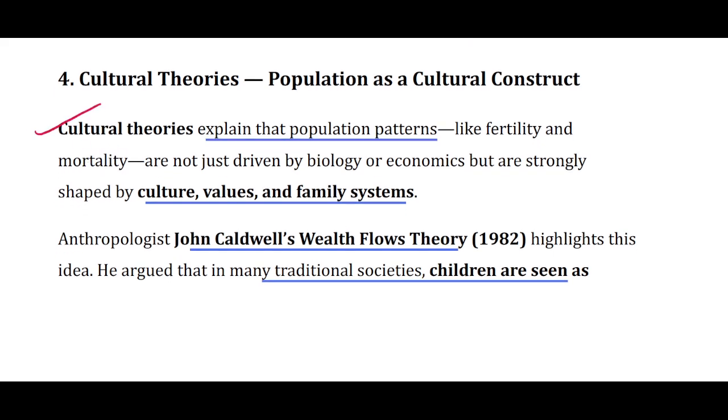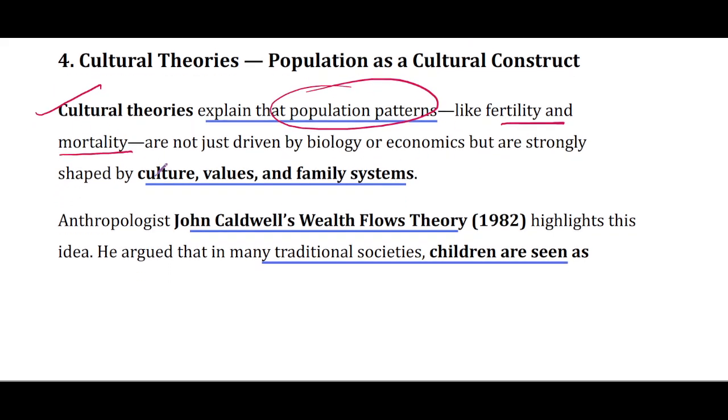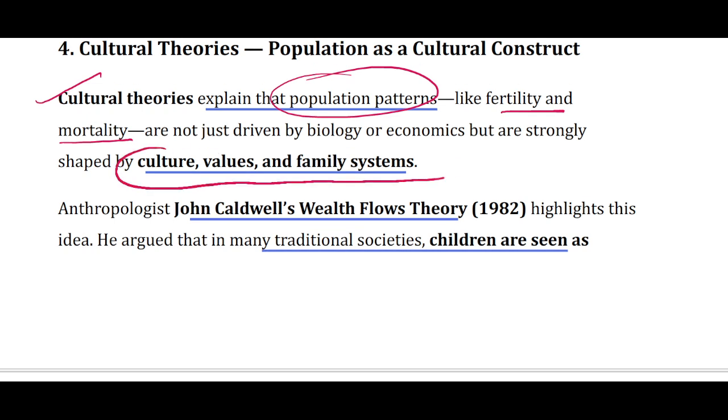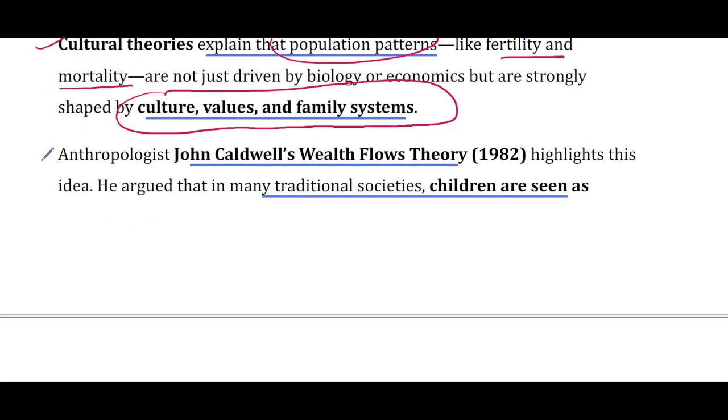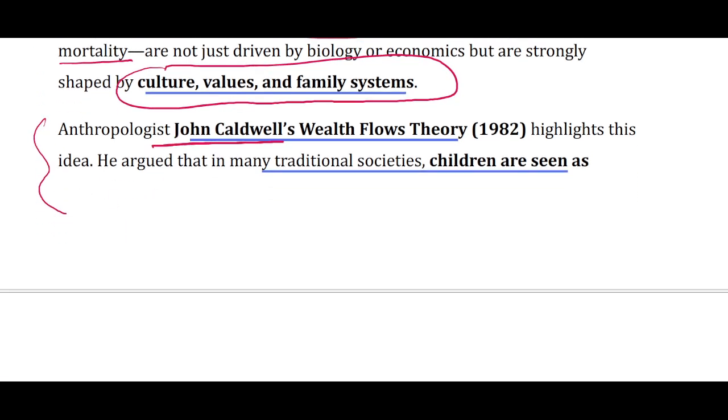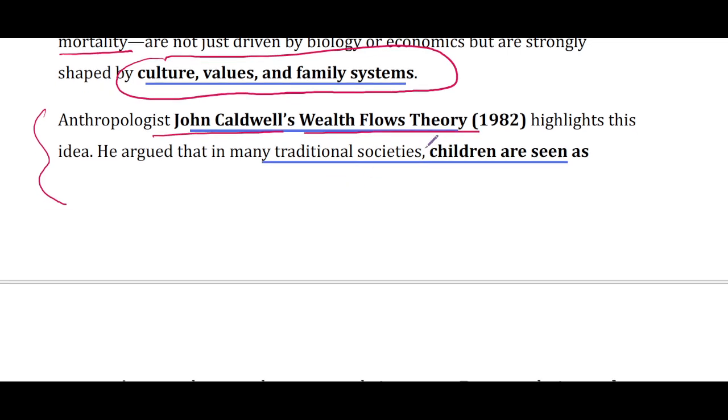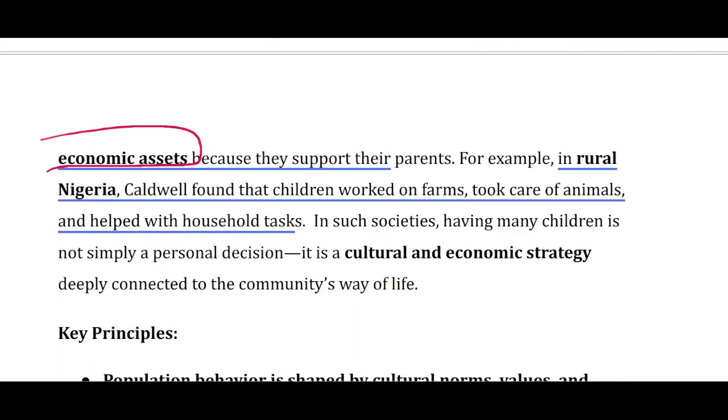So, cultural theory explained that population patterns like fertility, mortality, they are shaped by culture, values, and family system. And here, anthropologist John Caldwell, his wealth flow theory, highlights that in many traditional societies, children are seen as economic assets.